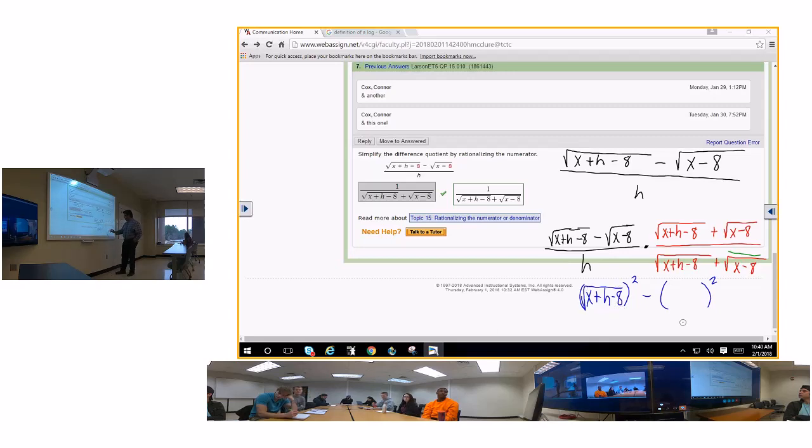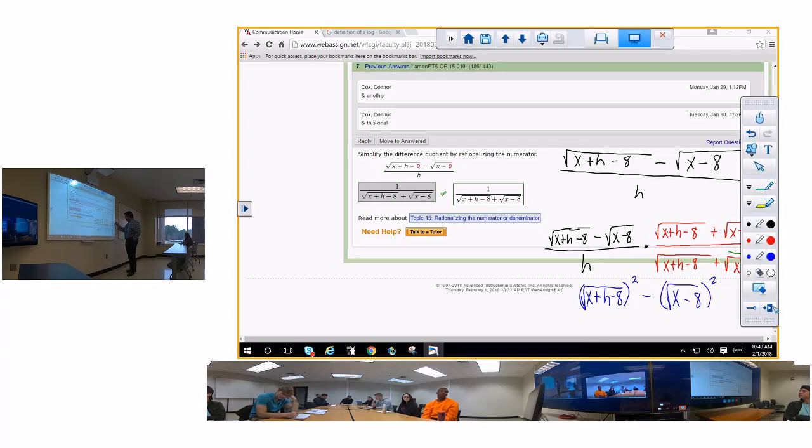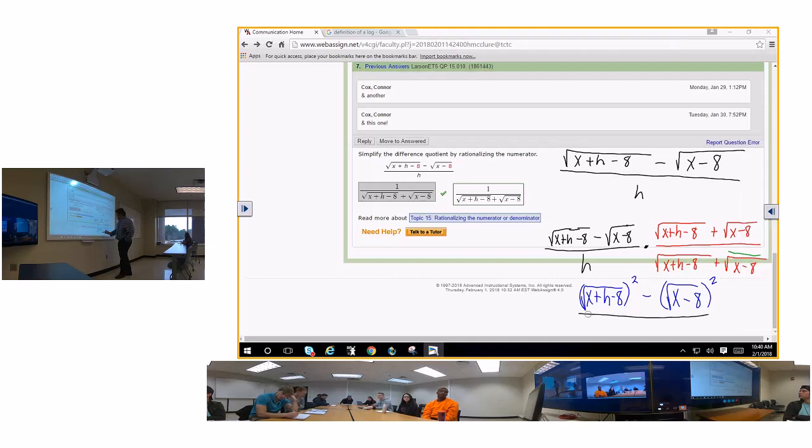And then x minus 8 square root all over h, and again, that's going to be basically just put this in parentheses, square root of x plus h minus 8 plus square root of x minus 8.